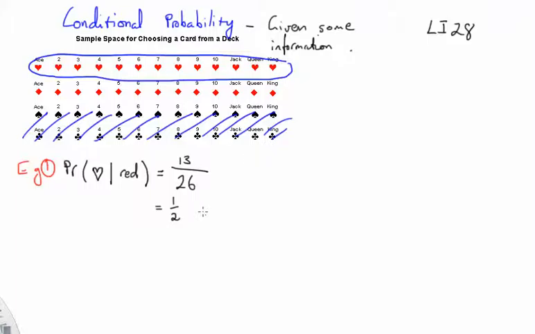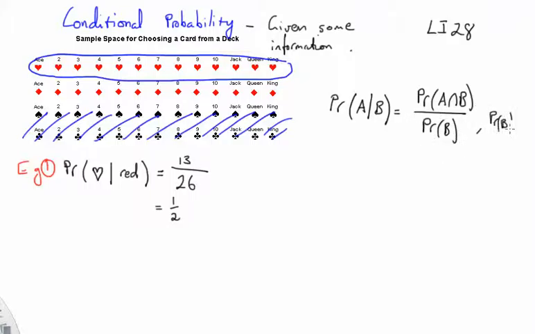Okay, that's all well and good. What's this formula we need to know? This is the formula. If you have time, please do some more reading and try to understand where this comes from. If you don't, just memorize it. The formula is the probability of A given B equals the probability of A intersection B over the probability of B, and we can't divide by 0, so we have to say the probability of B does not equal 0.